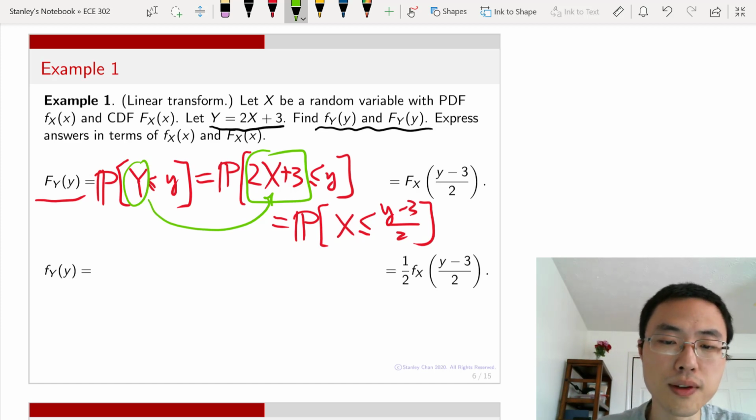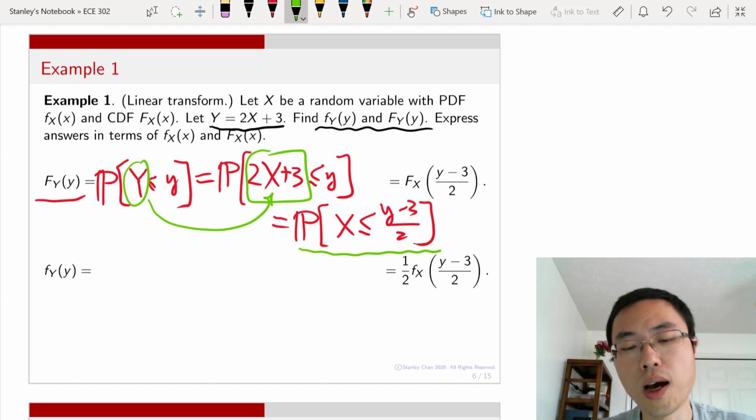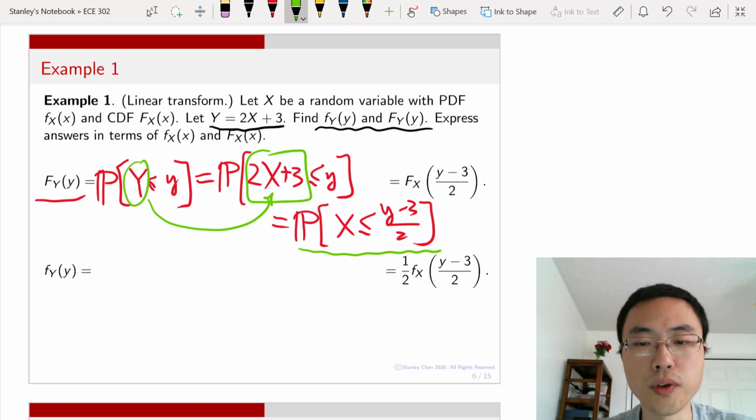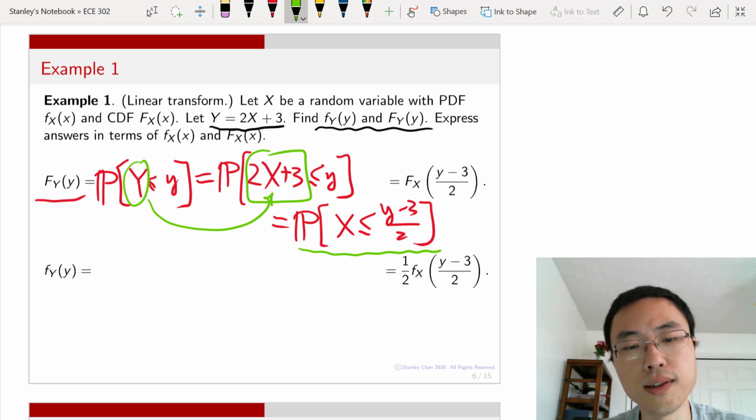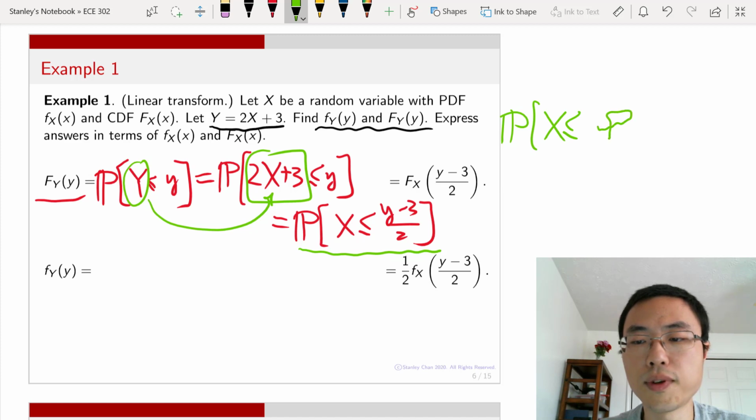Now, the magical thing happens here. This is a probability applied to a random variable x, evaluated at the upper bound of some quantity. It's just some quantity. It doesn't matter what quantity it is. It is a function of y. Now you recognize the form of this: x less than something.